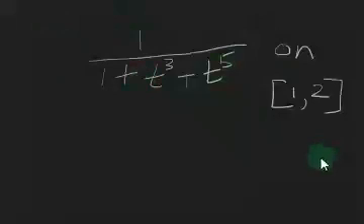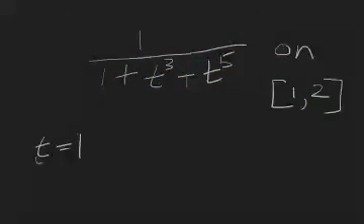We know the denominator becomes very small at this point 1. So when t equals 1, the denominator becomes very small, which means 1 over this thing becomes very large.